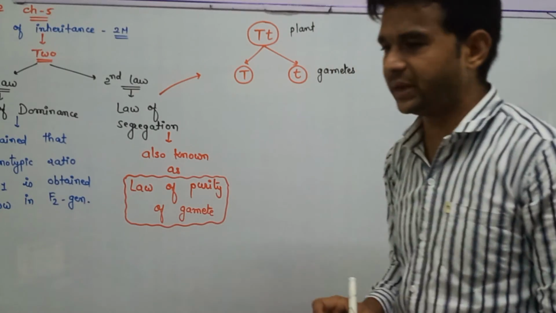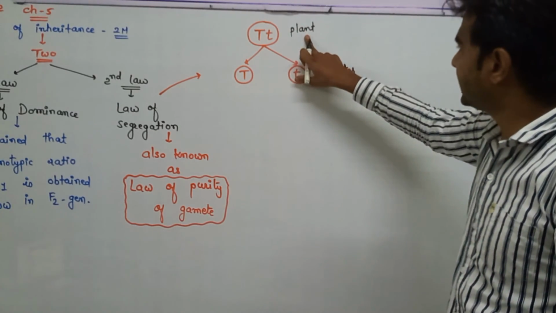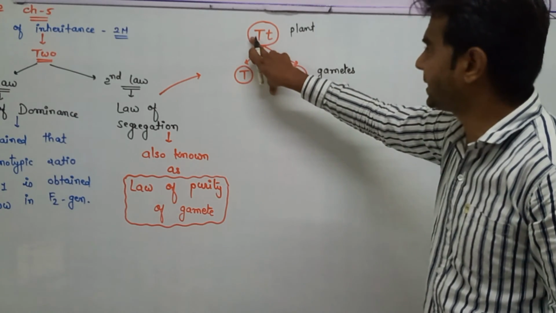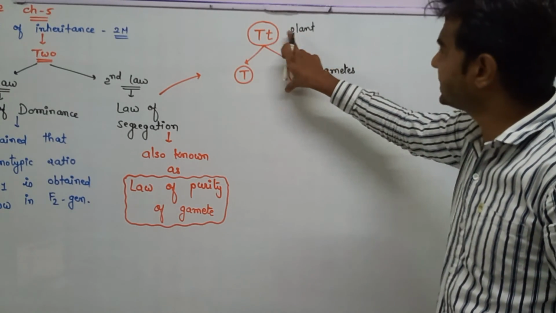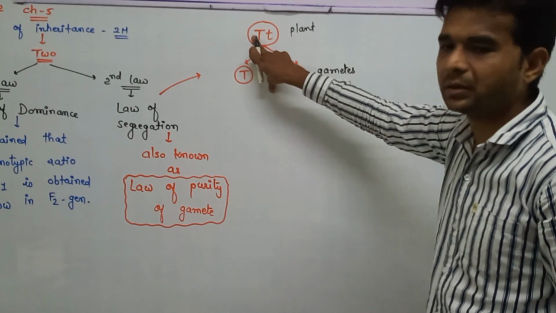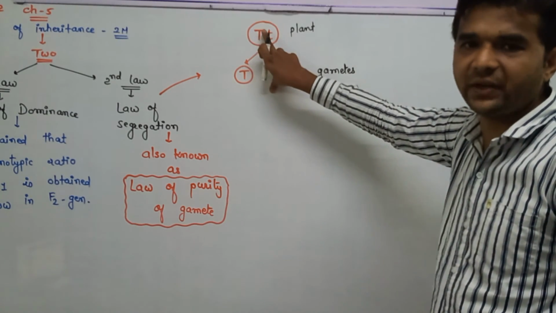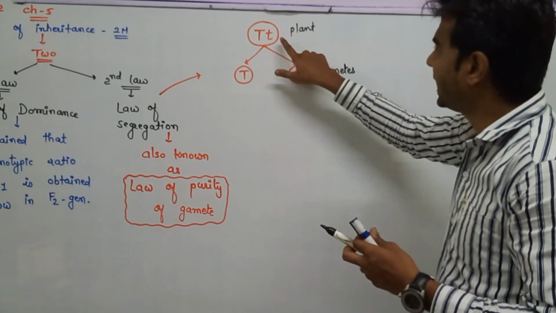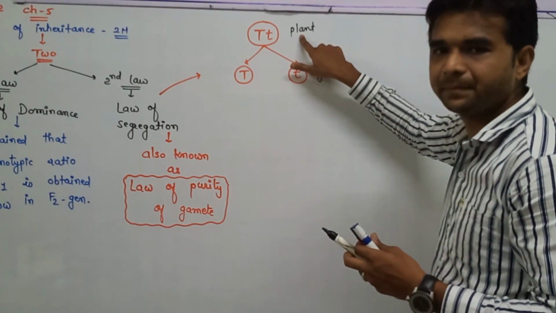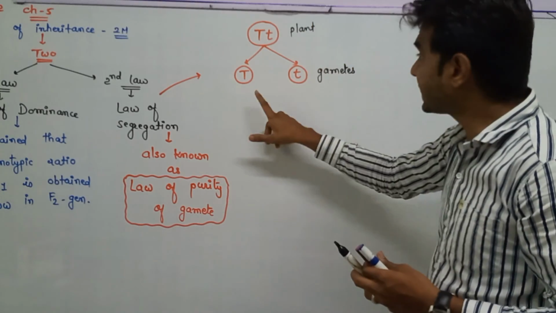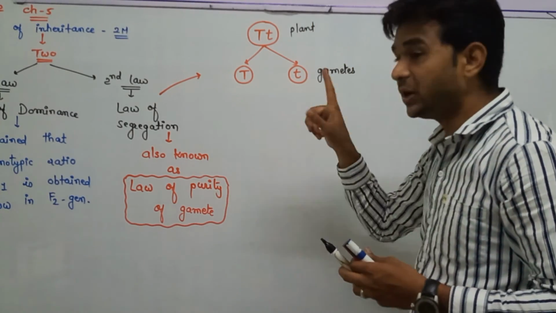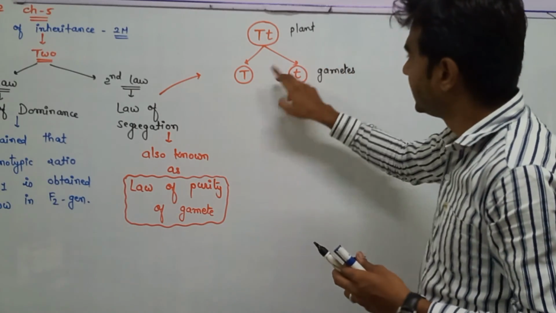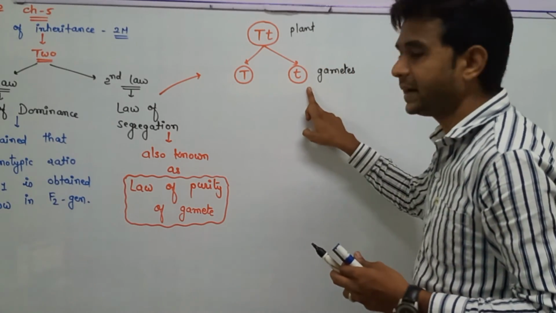Now listen carefully. The plant consists of both genes for different contrasting traits. So the plant consists of the gene for tallness and the gene for dwarfness. So both contrasting traits are present in the plant. But at the time of gamete formation, only one is present in each gamete. Here we say the phenotype is tall plant, but the plant carries both tall and dwarf genes.